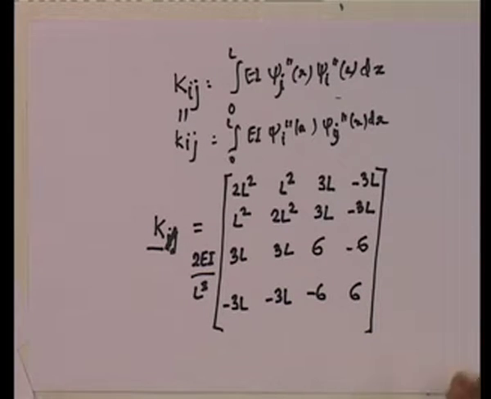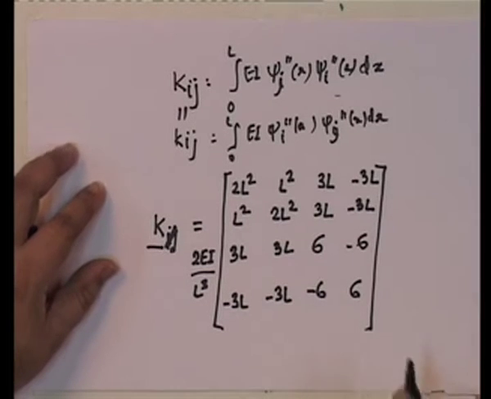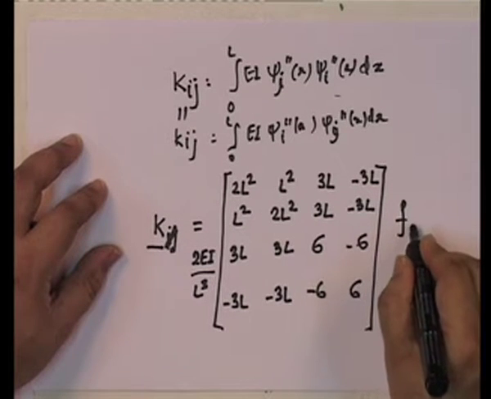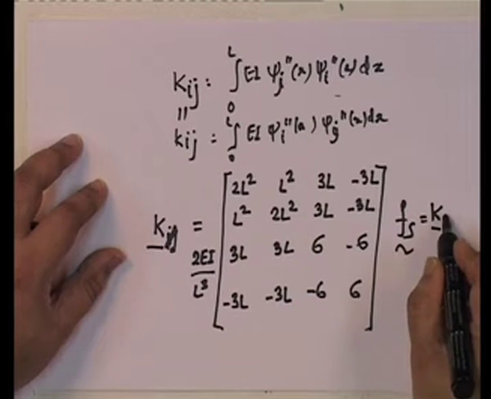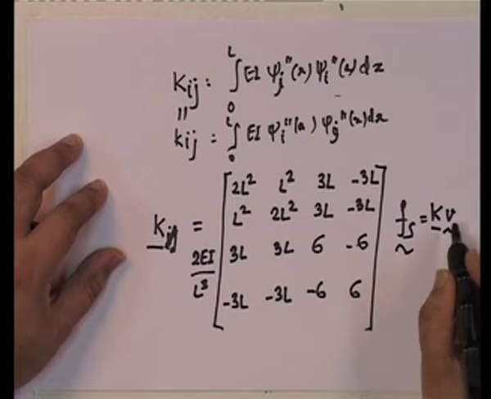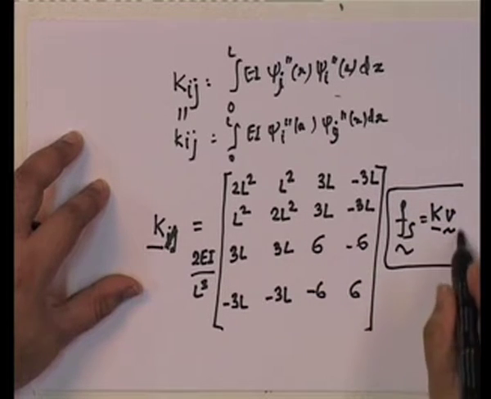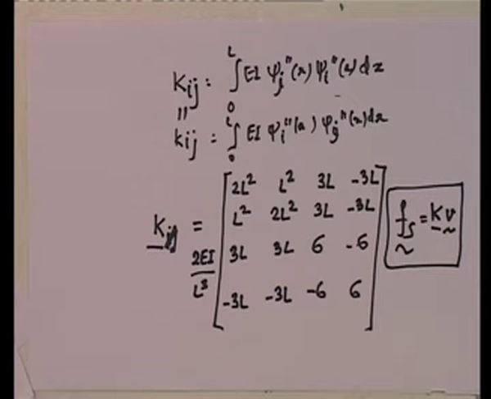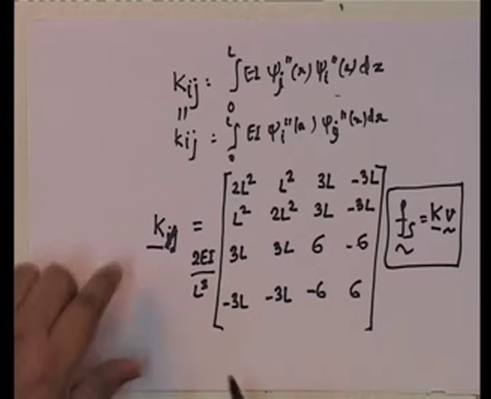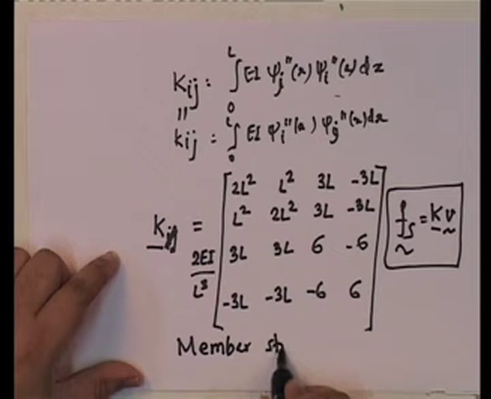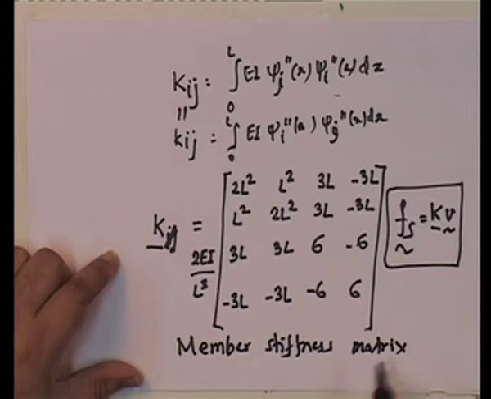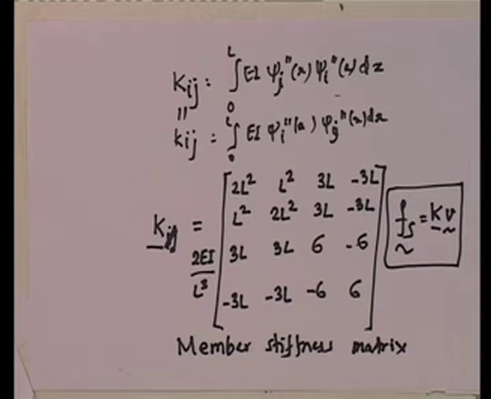So, this is what my k looks like, and what I have ultimately is that my forces F s are given by k into V. This is the stiffness matrix corresponding to the member, the member level stiffness matrix.